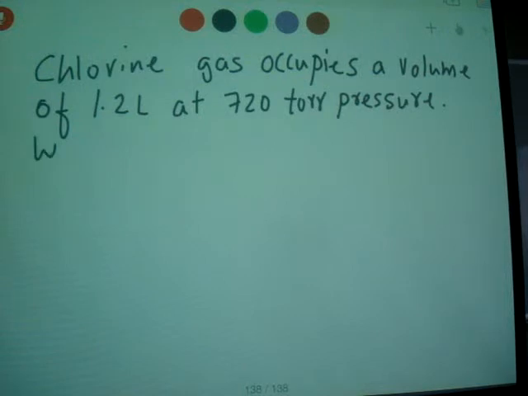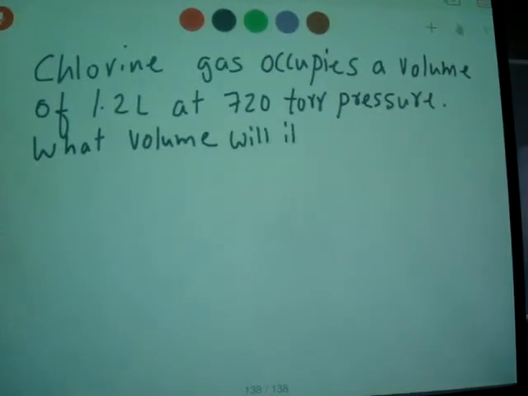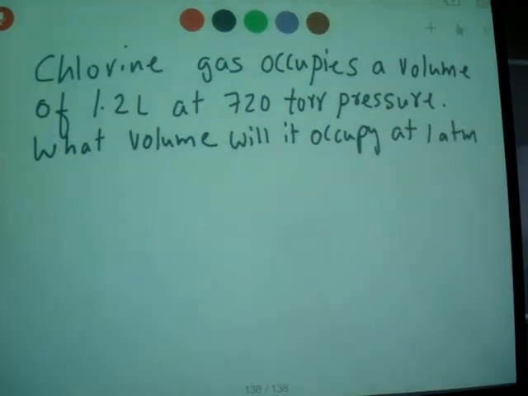What volume will it occupy at 1 atmosphere pressure?